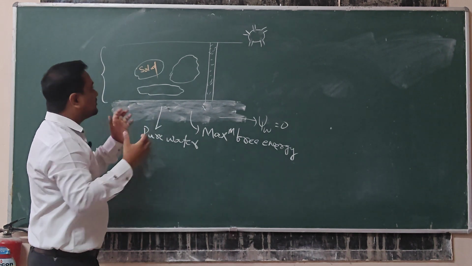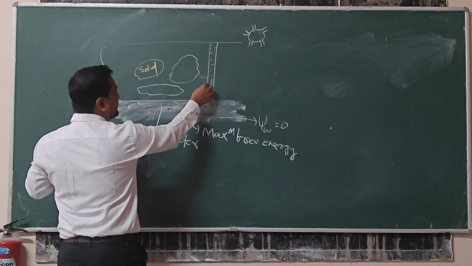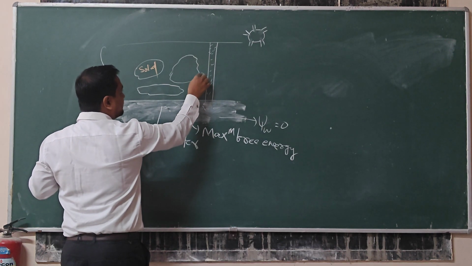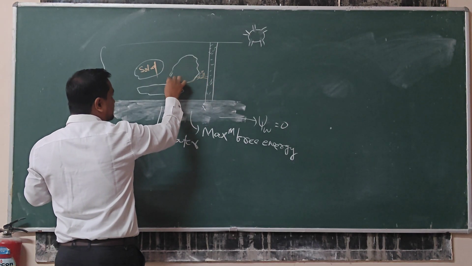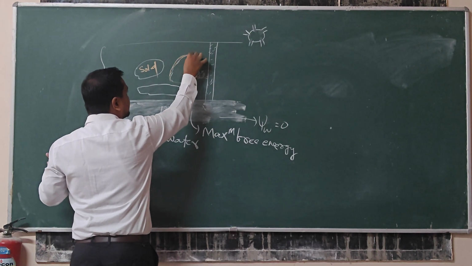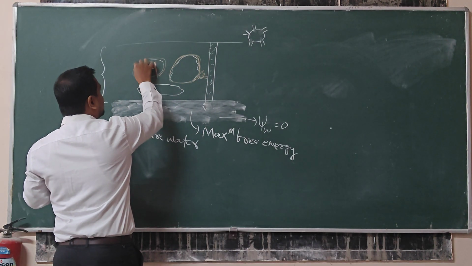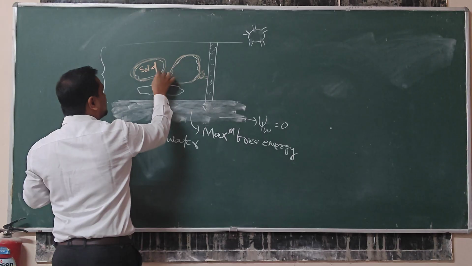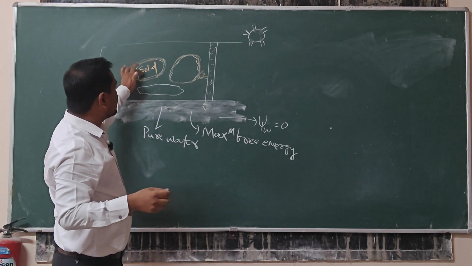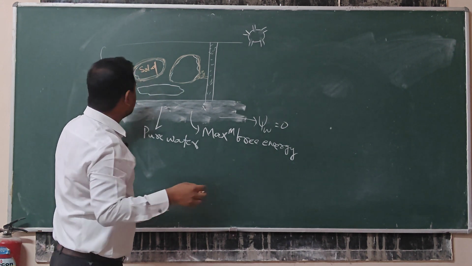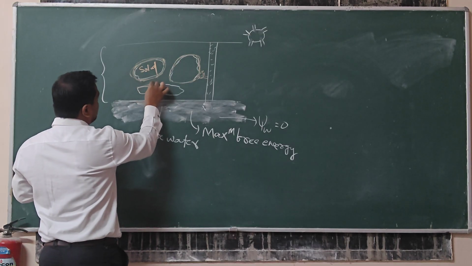When water comes by capillarity, it will adsorb on the surfaces of this soil matrix. Why? Because these solid particles have an adhesive nature towards water, and water also possesses properties like hydrogen bonding and van der Waals forces of attraction.